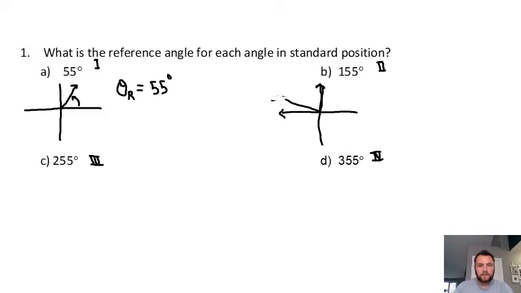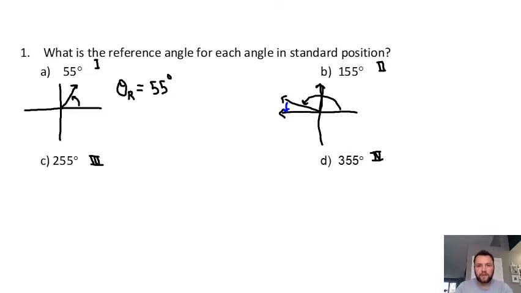That's about my 155 degree angle right there. And this is standard position, 155 degrees. I don't want standard position though, I want my reference angle. And so to get from my terminal arm to the closest x-axis, I actually just have this little chunk.